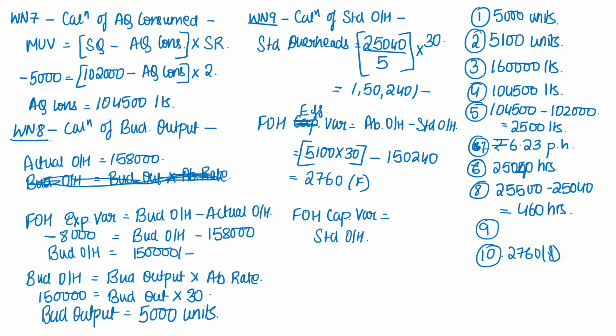Lastly, standard overheads minus budgeted overheads. That would be 1,50,000 240 minus budgeted is 1,50,000. That is 240 favorable. And with this, we are done.